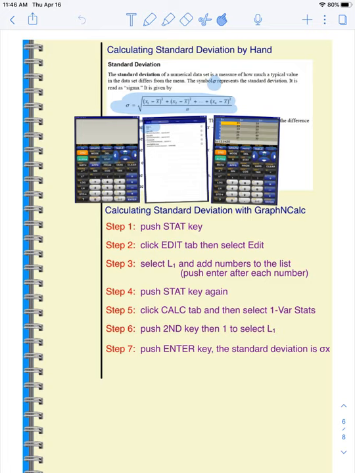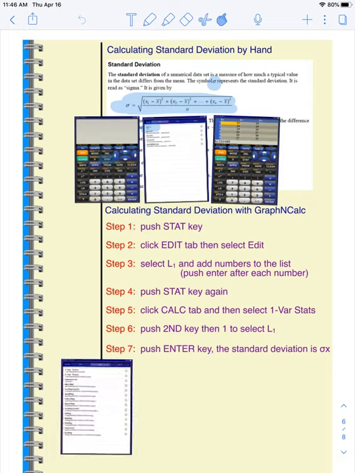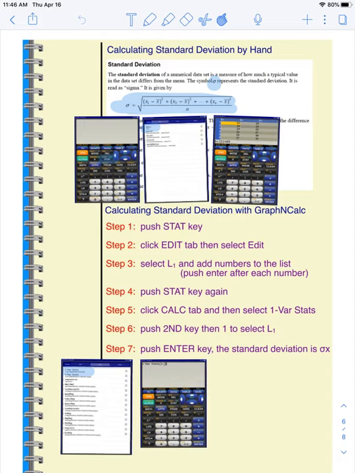Once you have your lists in, then you're going to press Stat again, but this time you're going to click the Calc tab. Calc will lead you to a list like the image at the bottom left corner. From here, you're going to click 1-Var Stats, and that is going to lead you back to the calculator screen, where you will then press second and then 1 so that you can enter L1.